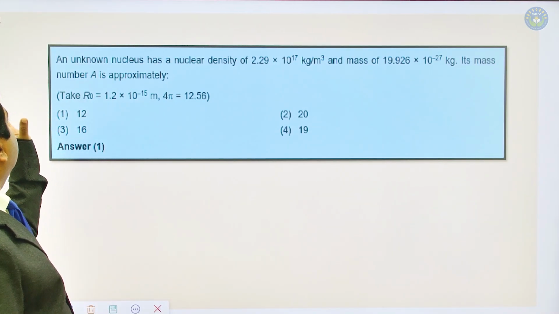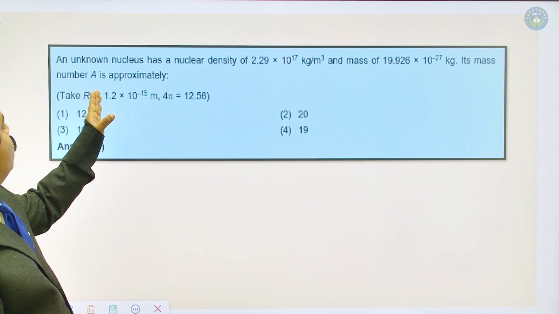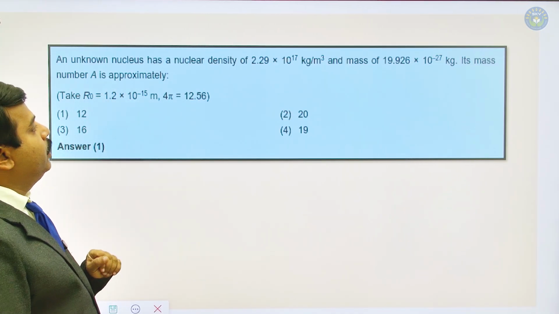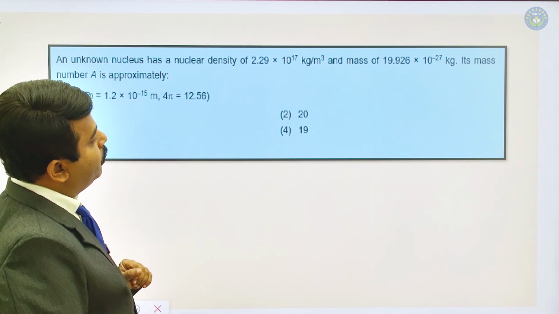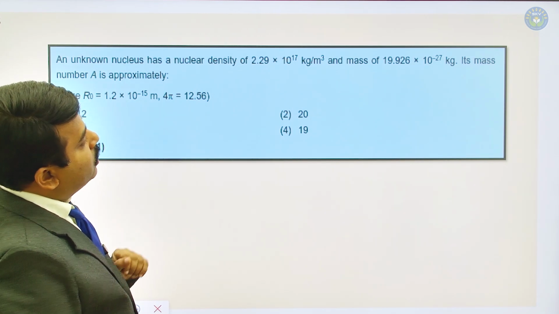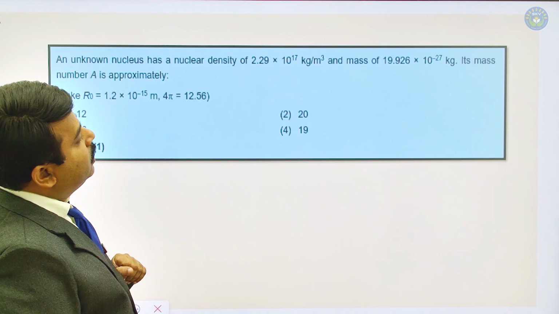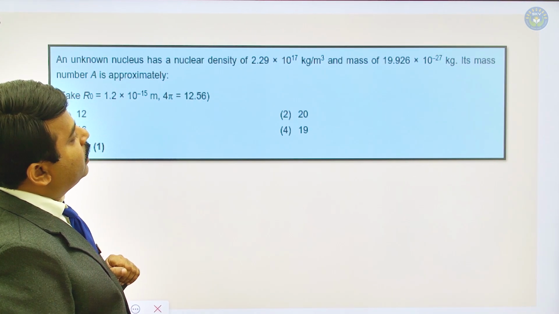Now question number 32. An unknown nucleus has a nuclear density 2.29 into 10 raised to 17 kilogram per meter cube and a mass of 19.926 into 10 raised to minus 27 kg.